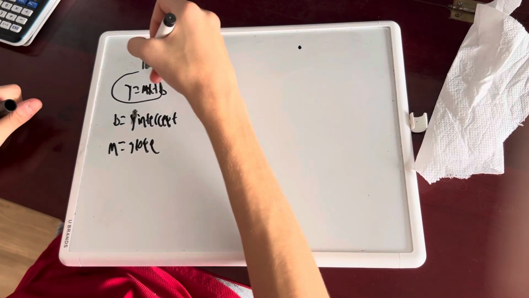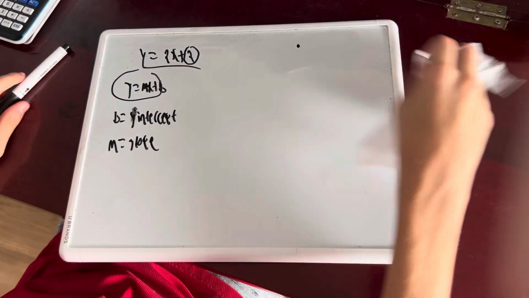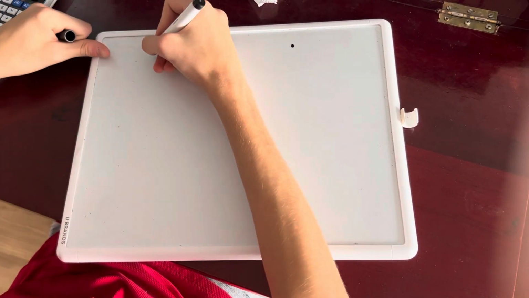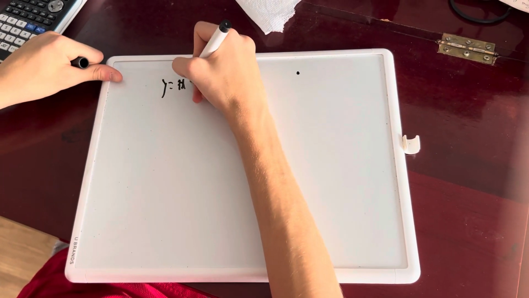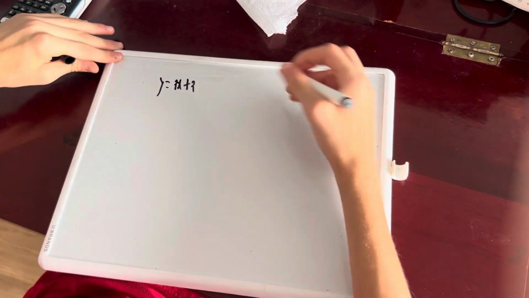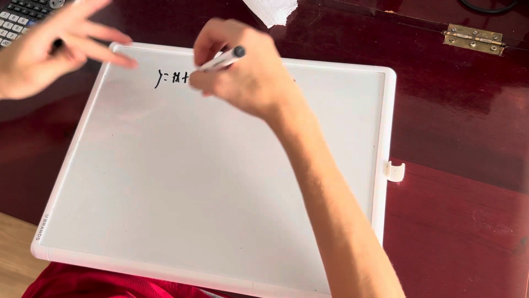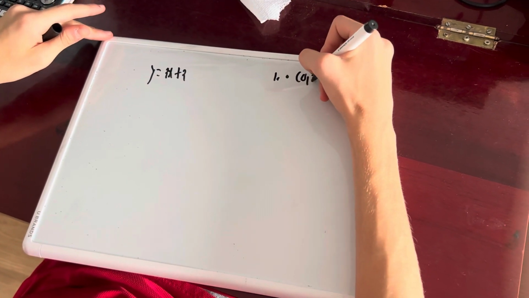So the first thing we need to do is identify the y-intercept. In this case, it's 2, so it's the point 0, 2.